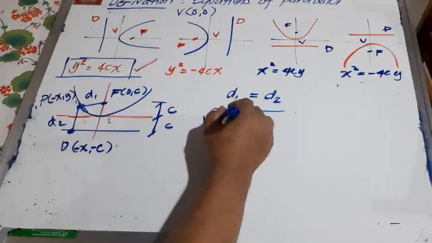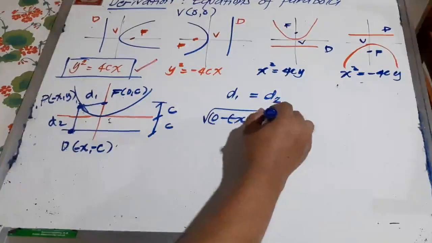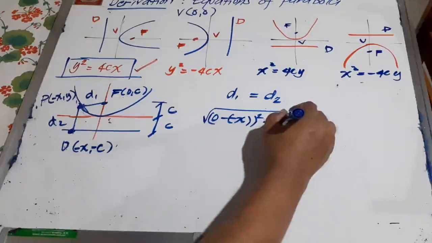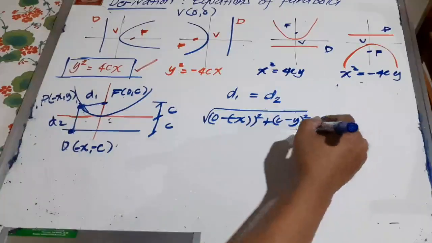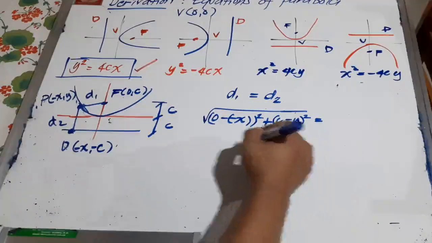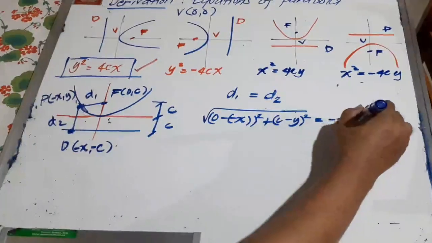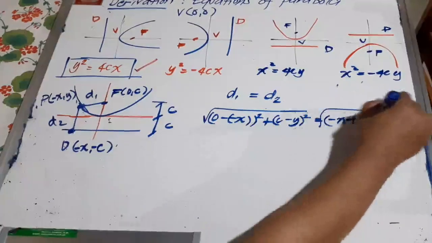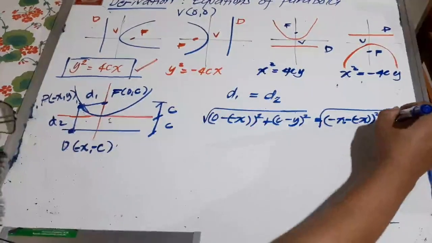That will be 0 minus x squared plus the square of the difference of the ordinates. That will be c minus y squared equals the other one, which is PD. That will be negative x minus x squared plus y minus c.